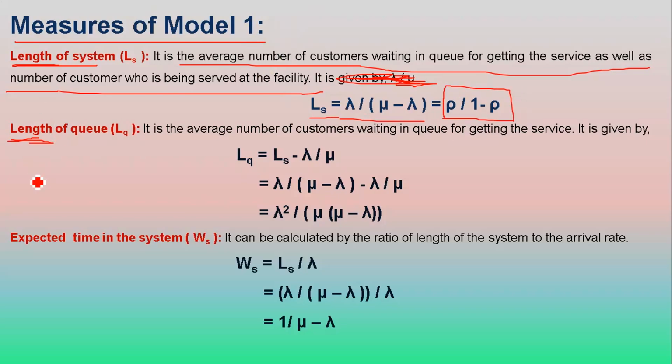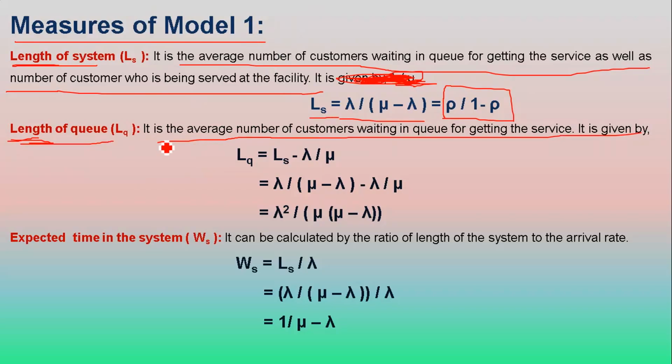There is some mistake here, so I am rubbing it. Then length of the queue is the average number of customers waiting in the queue for getting the service. This is the average number of customers waiting only in the queue.